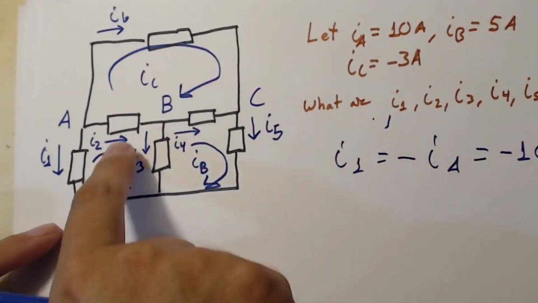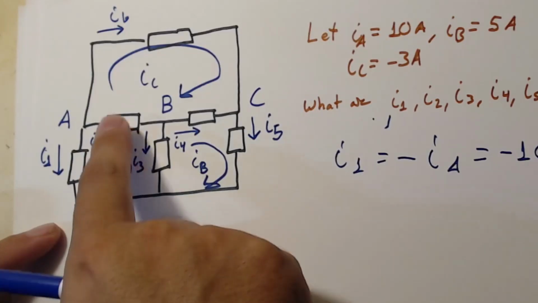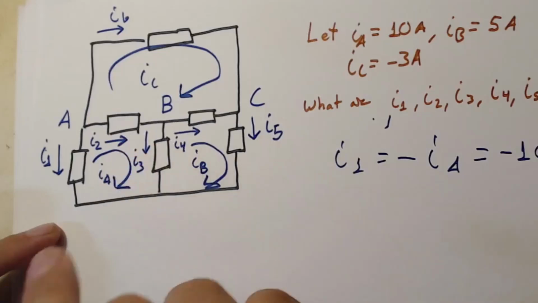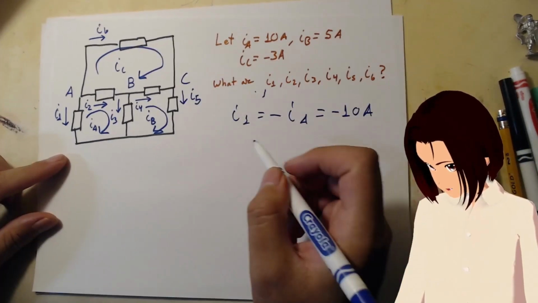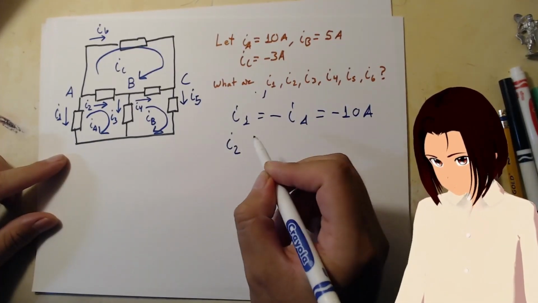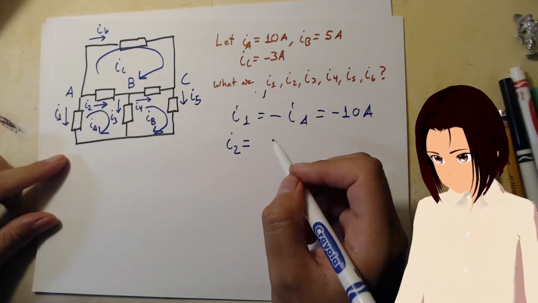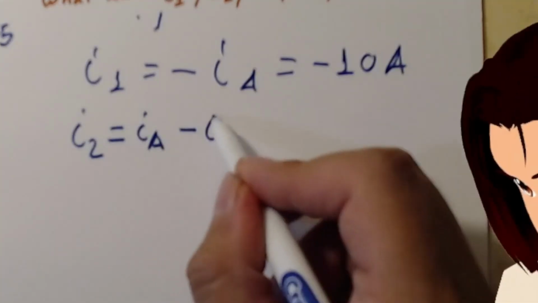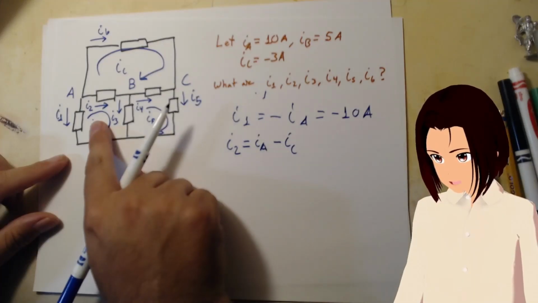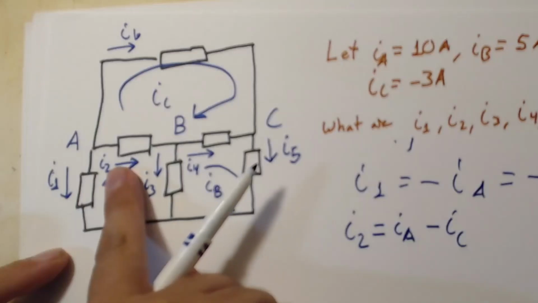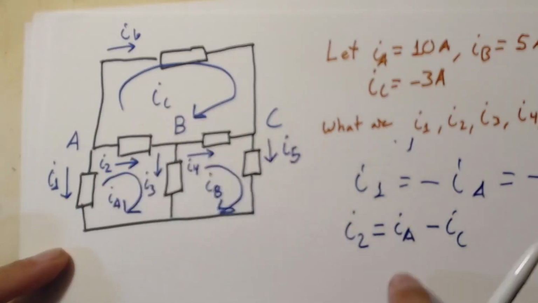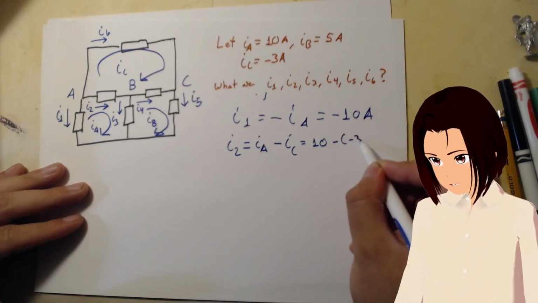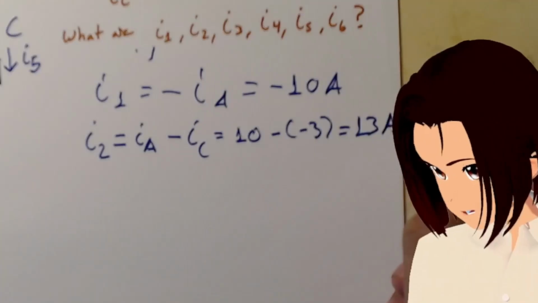And we have mesh C, because this element right here is shared with mesh C. So I2 is equal to IA minus IC, because we're looking at A, and it's going the opposite of C. This is 10 minus negative 3, which is equal to 13 amperes.